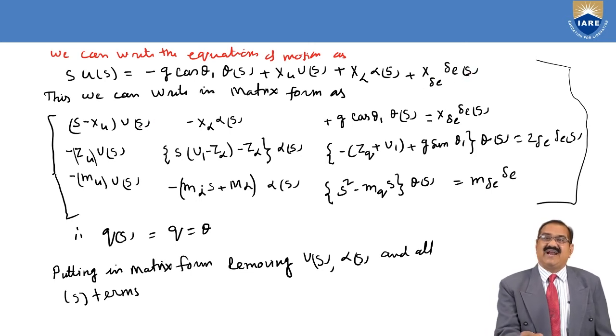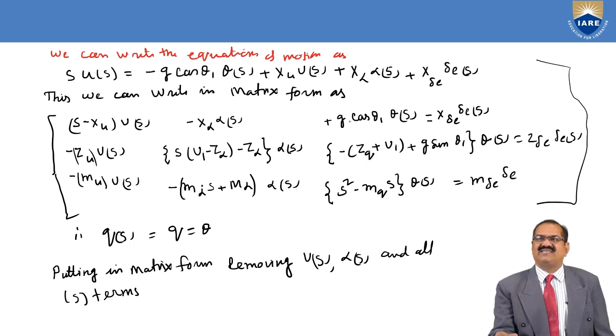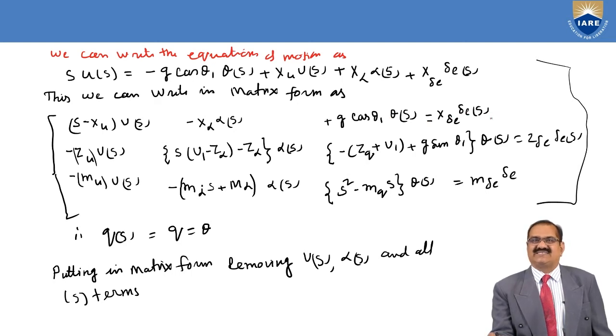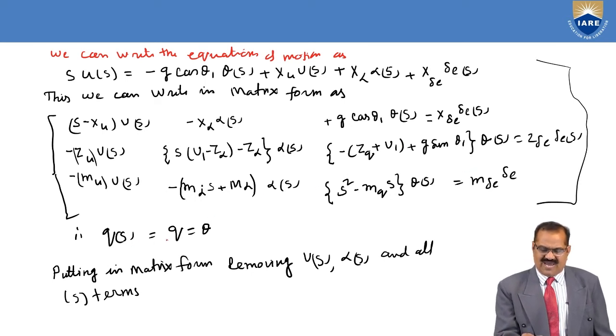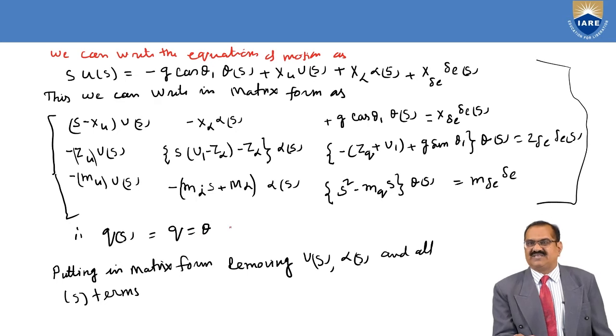We can write in the matrix form: s minus x u into u of s, in the second column minus x alpha into alpha of s, plus g cos theta 1 theta of s. This is equal to x delta E into delta E of s. Same way we can write all these three equations, putting the value q of s equal to s theta of s.